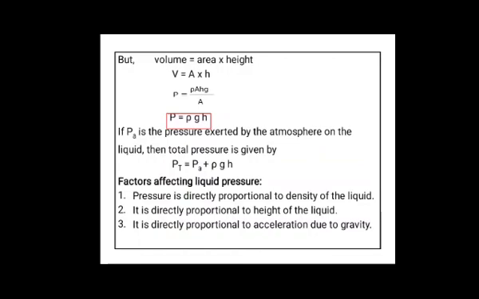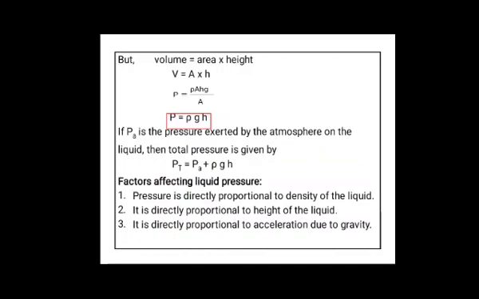Then the second one, pressure is directly proportional to height of the liquid. The bubbles of air in water become larger and larger in size as they move up. I think you know this one.